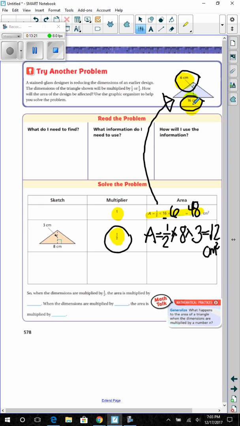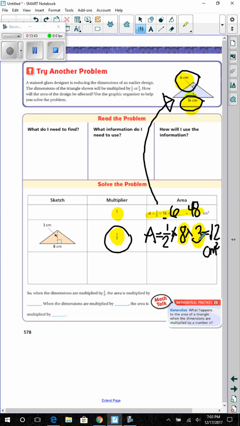So if we take 16 divided by 2, we get 8. And then if we take 6 divided by 2, we get 3. That is where those numbers come from. Okay? So let's go ahead and move on.